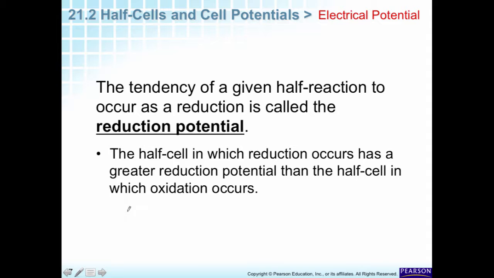So if we think of reductions, we could think of the copper 2 plus plus 2 electrons going to copper metal that we saw in the previous lesson. Okay, so they're always going to be in this form for reduction potential. And the one of the half cells that follow this pattern is what we're going to say is reduction.